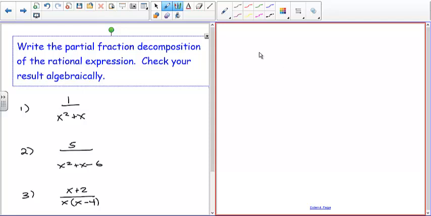Okay. Number 3. So we've got x plus 2 over x times x minus 4. So here we've already got it factored. Even though we have x plus 2 in the numerator, that doesn't matter. What matters is that we have two linear factors in the denominator.